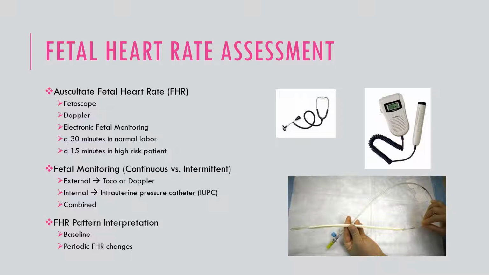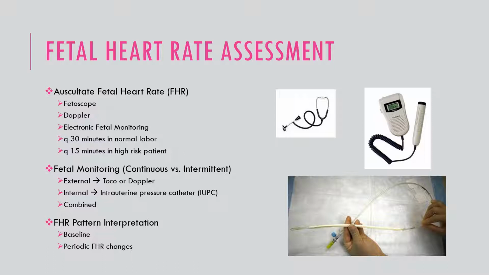And we can also use a Doppler, which you should be familiar with, to measure fetal heart rate. Typically these two types of devices are used in places that are not acute care facilities, like your alternative birthing centers.